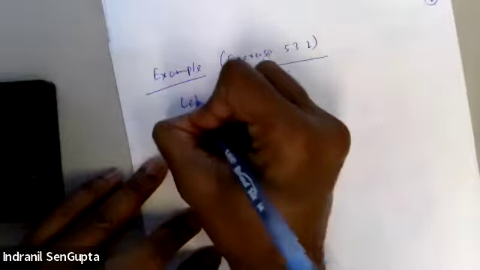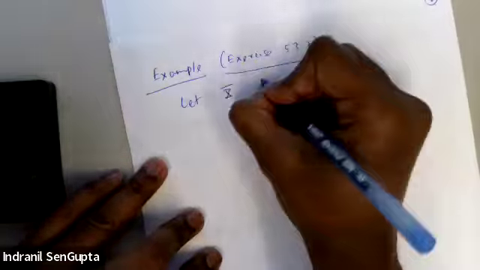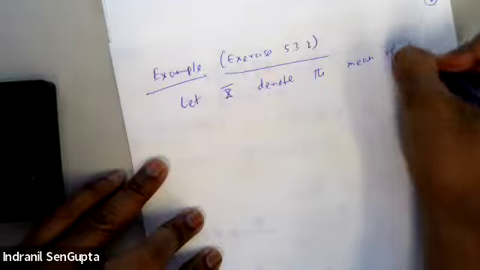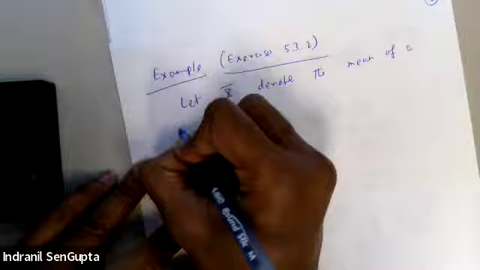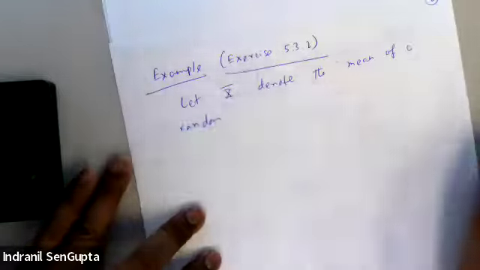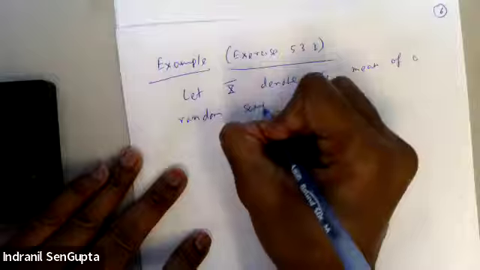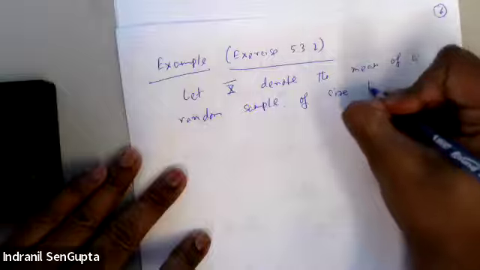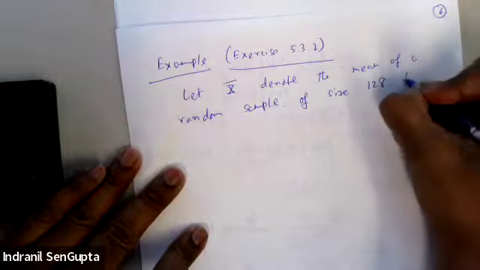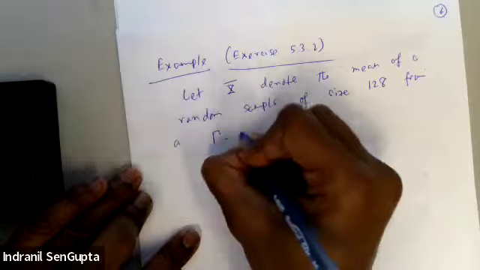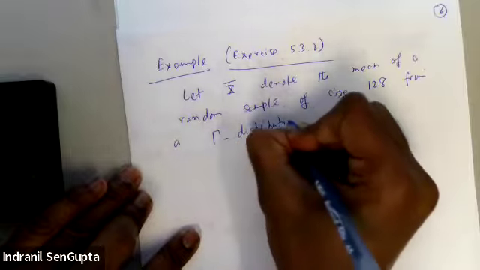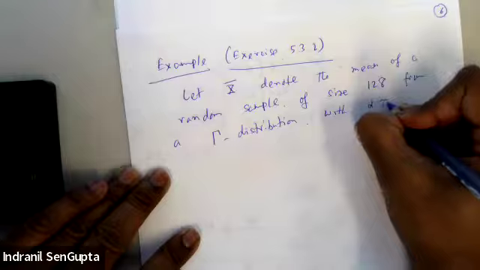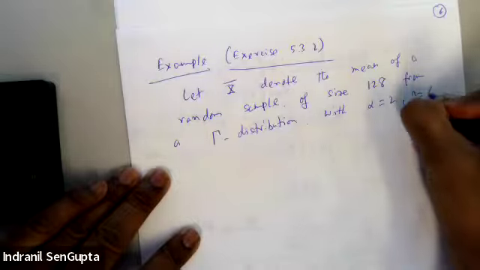Just like before, let x bar denote the mean of a random sample of size 128 from a gamma distribution, which we roughly studied in the first class, with alpha equals 2 and beta equals 4.